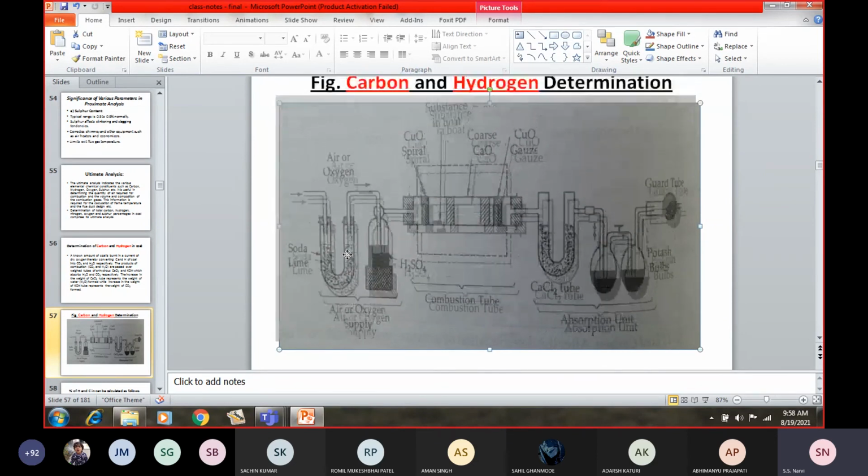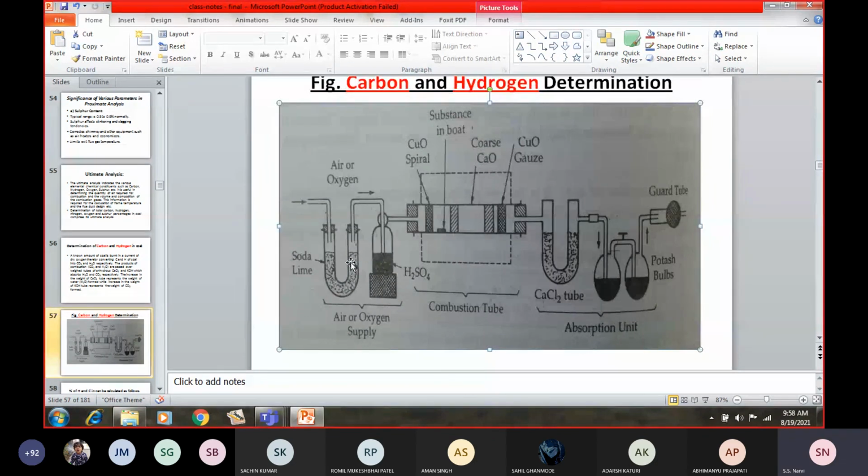Then this enters into this tube. Now this oxygen which enters here is free from carbon dioxide. Now it goes into this trap, which is anhydrous sulfuric acid, or you can also put anhydrous calcium chloride in its place.